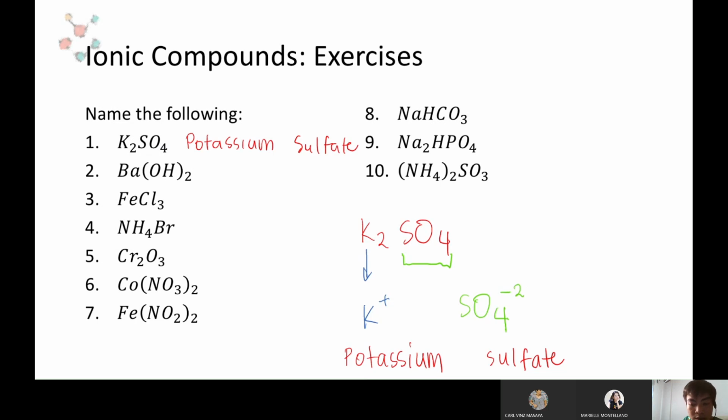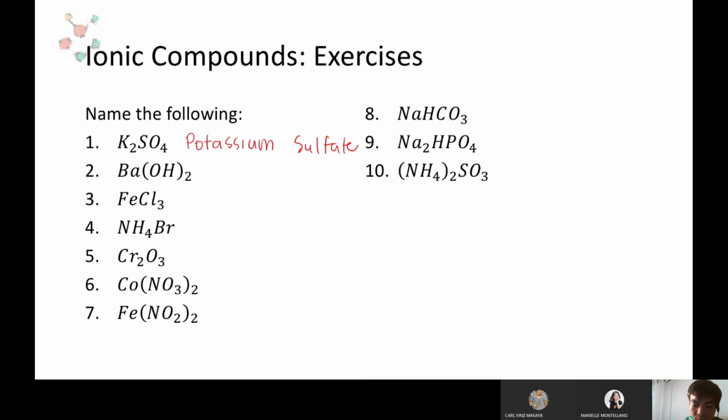Okay. Magsasagot pa ako ng iba. Tapos kayo naman. Number 3. Sagutan ko yung 3. Looking at the formula, isipin natin kung ano yung mga charges ng ating ions. Tignan natin na saan kaya nanggaling yung 3 ni Cl?